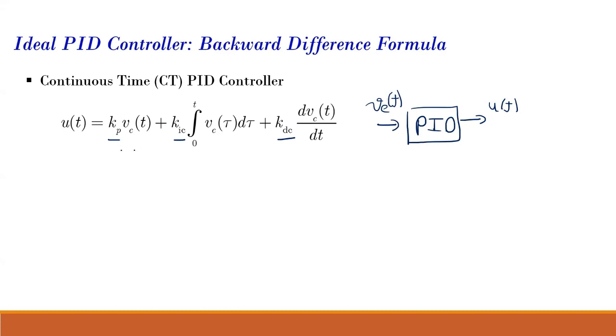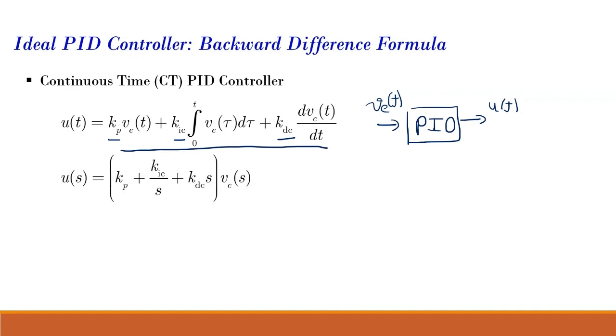This mathematical equation tells how the error signal gets converted to a control output. If we take the Laplace transform of this, we will get it in this format, with the proportional, integral and derivative parts.